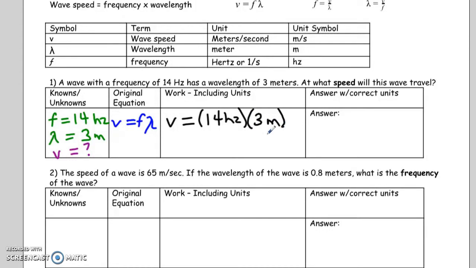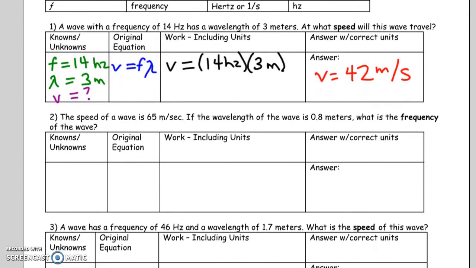Please make sure that you show your units so it helps us understand the math and what units we should get out at the end. And in a calculator, we're going to say 14 times 3 equals 42, so V equals 42 meters per second. All right, so that is question number 1.